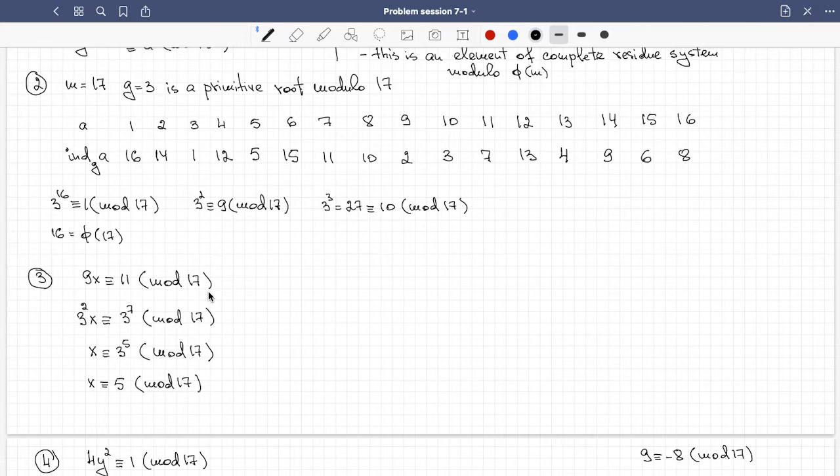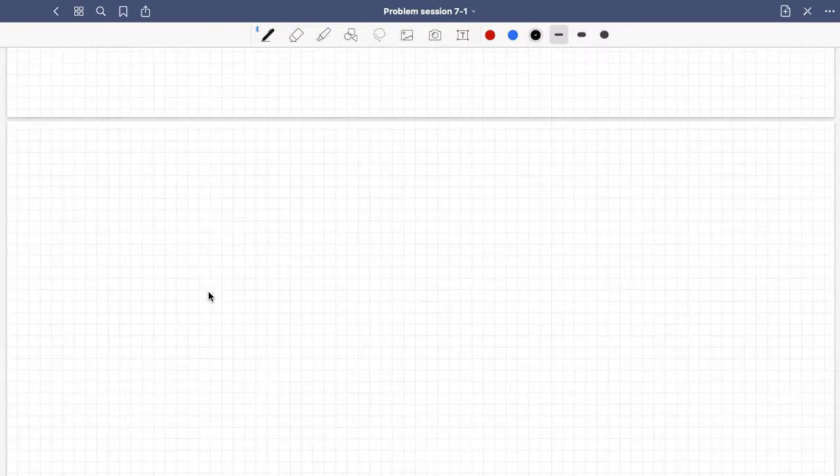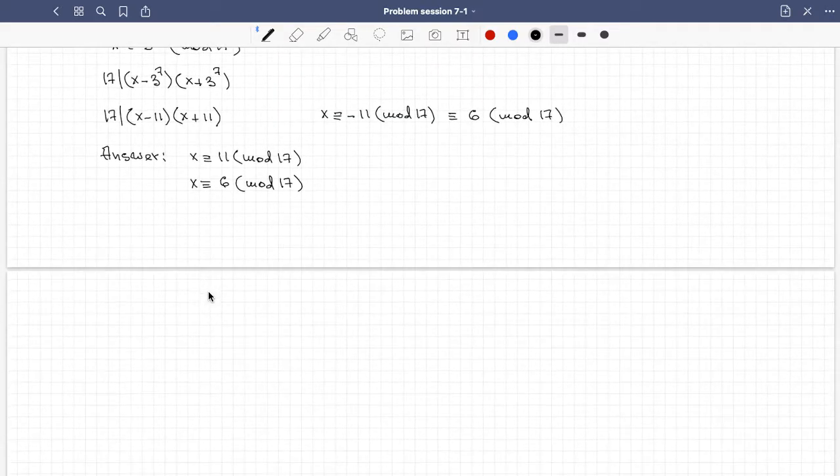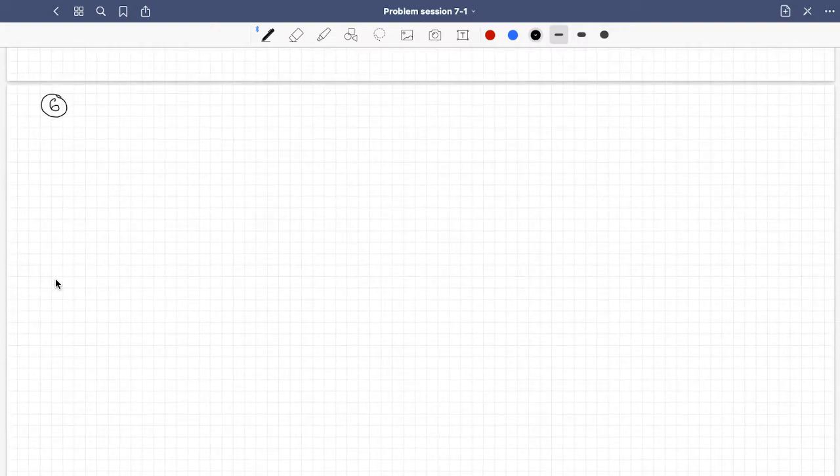Next problem, problem 6 from the book. They want us to find all primitive roots modulo several numbers.